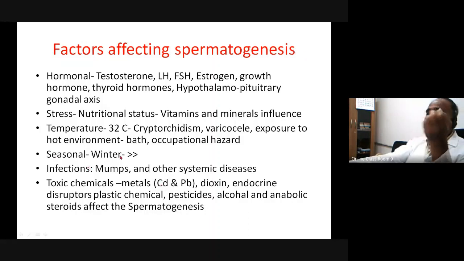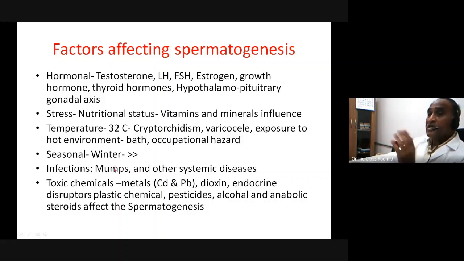Seasonally, it is known that in the winter, spermatogenesis is increased. Infections like mumps, especially mumps, would attack the glands, and even the plague. Nowadays the plague is not there. The plague and the mumps will attack the gland and destroy the seminiferous tubules, so they become infertile.